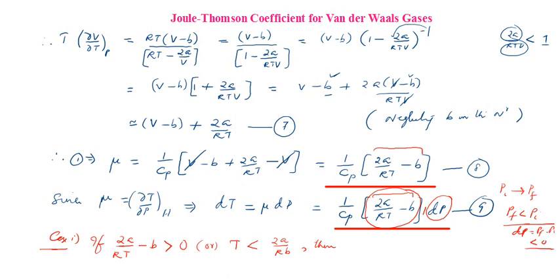So since dP is negative, dT will be negative if this quantity is positive. And we have concluded that dT negative means there is a cooling effect. Cooling occurs. That's the condition. Just note this particular value of temperature.